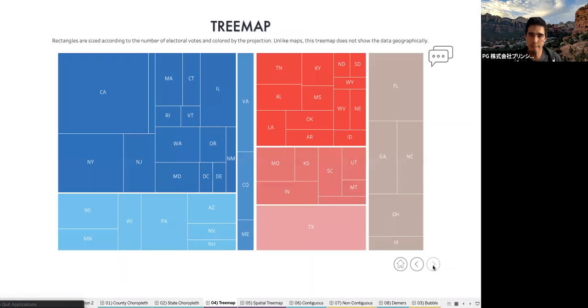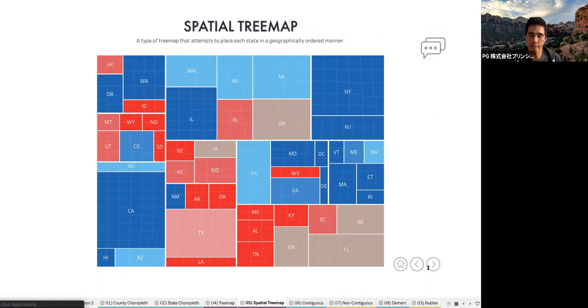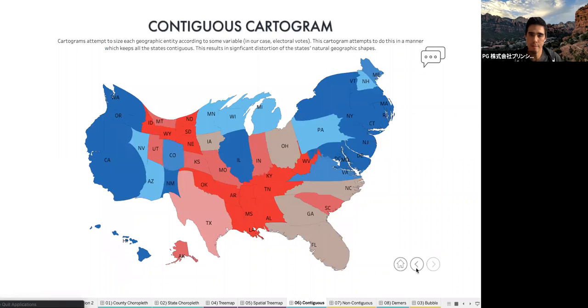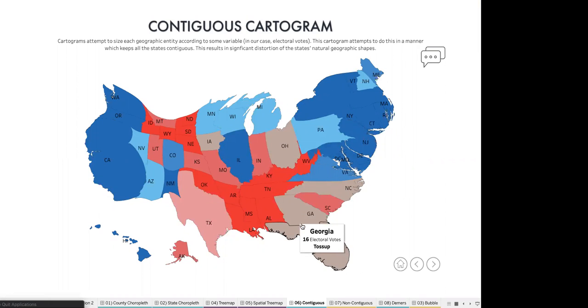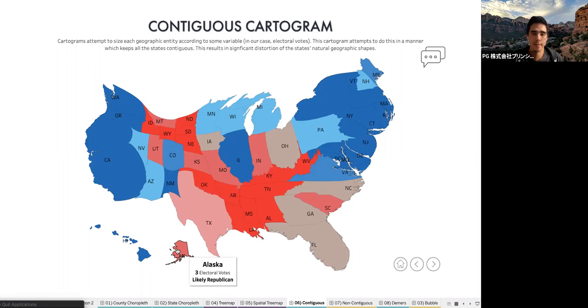If we look at this contiguous cartogram, it's less apparent, right? The red is much more squished, and these blue areas where there's higher population are much larger. So now it looks more like 50-50, maybe even 60% blue. But these gray ones have gotten much larger as well, especially Florida and Georgia. And Alaska's tiny.